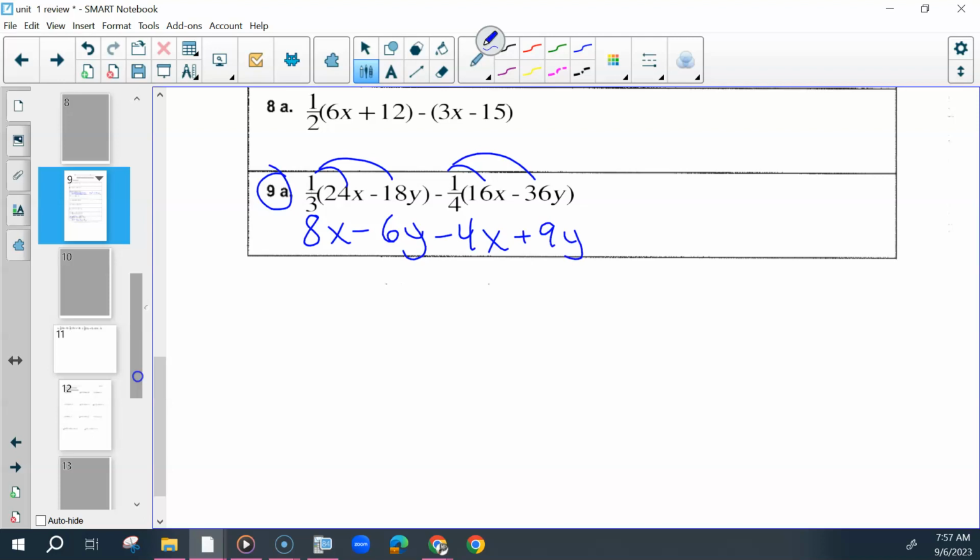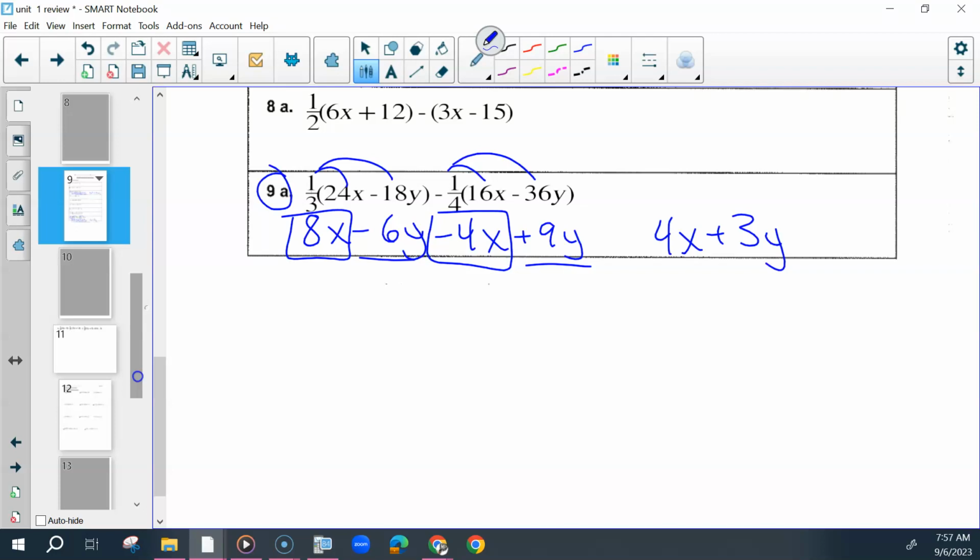So plus 9y. And then combine like terms. When we combine our like terms, what would we get? X... 3 what? 3y. There we go. And that was your answer.